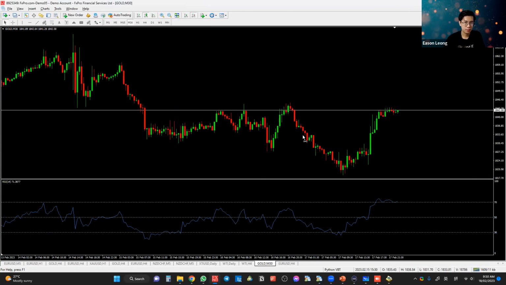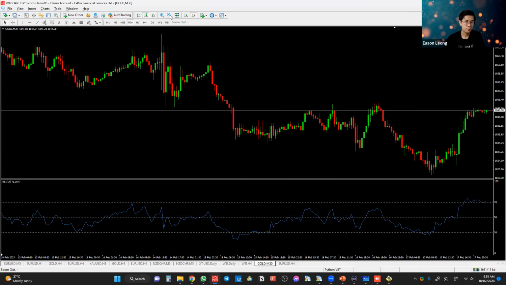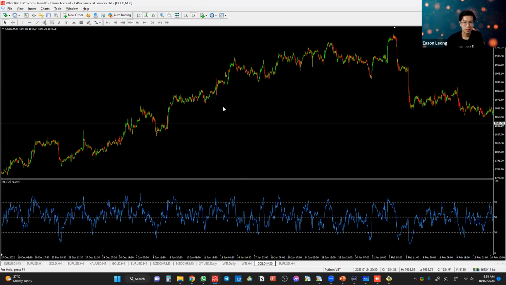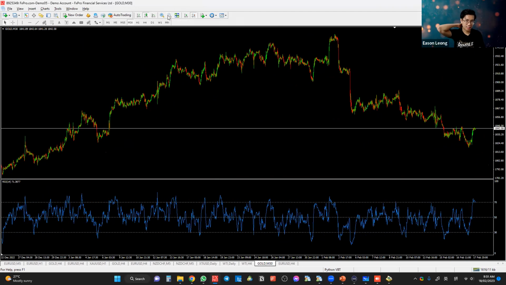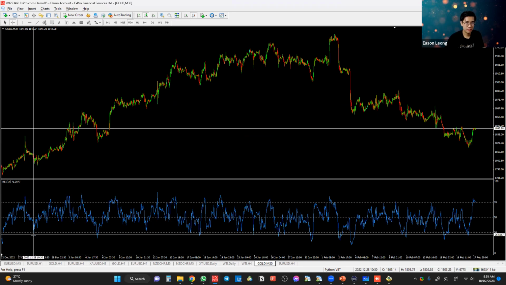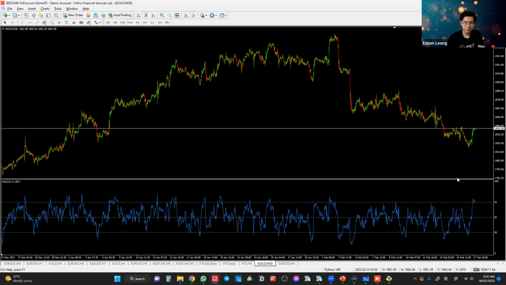Now, with that, you have an indicator called RSI over here. The simplest way to read this is to zoom all the way up, then you can notice a pattern of the RSI. It moves up, down, up, down, oscillating between a highest point of 70 and a low point of 30.